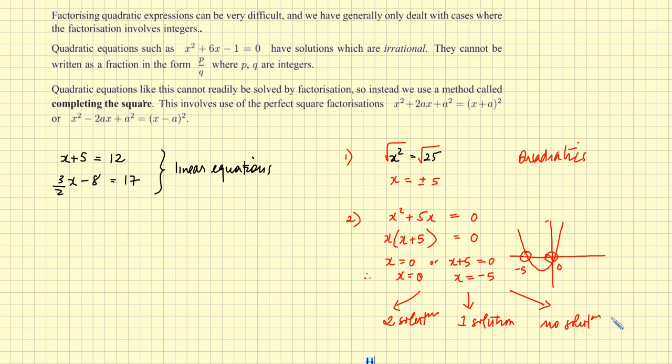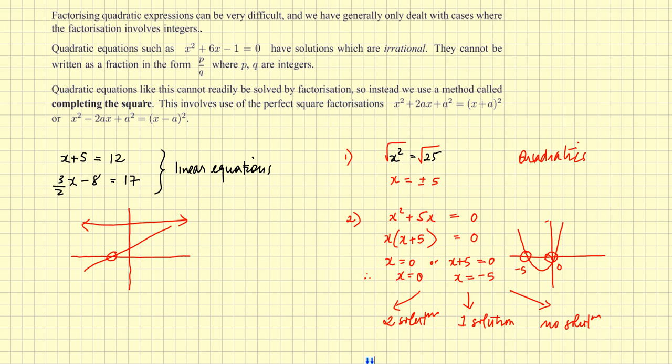Those were the three possibilities, whereas for linear equations we always have one x-intercept, unless we were looking at a horizontal line, in which case there would be no x-intercept.